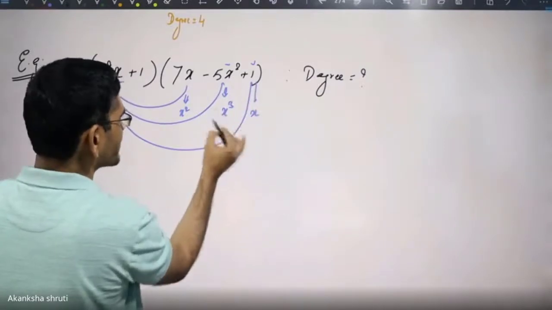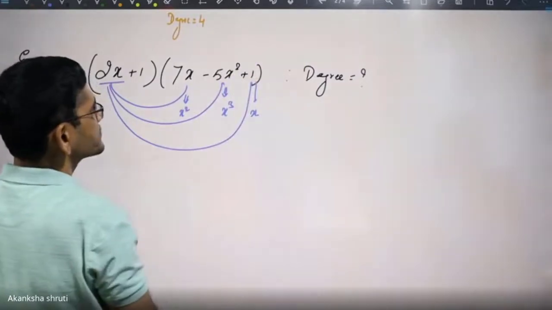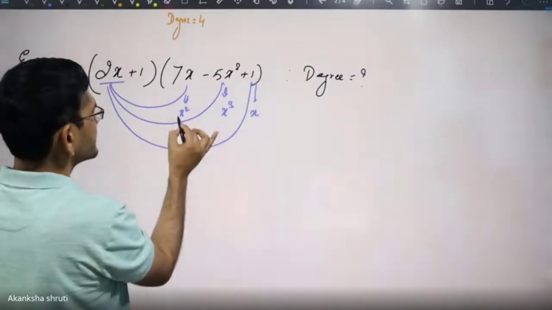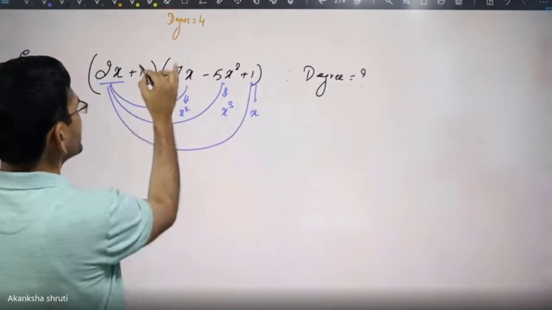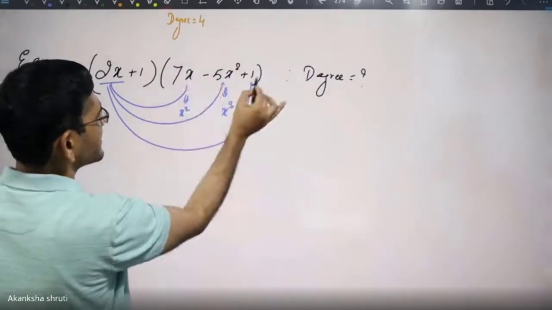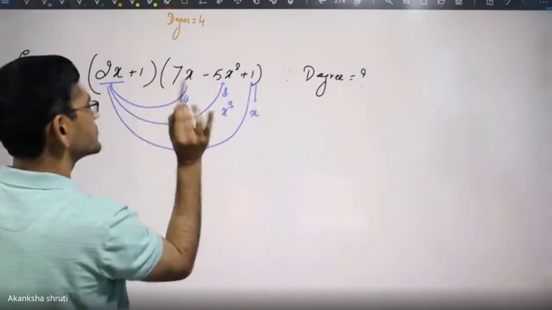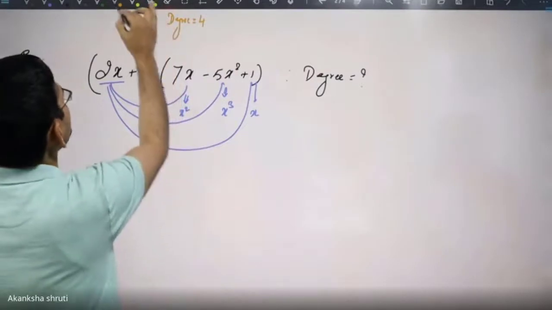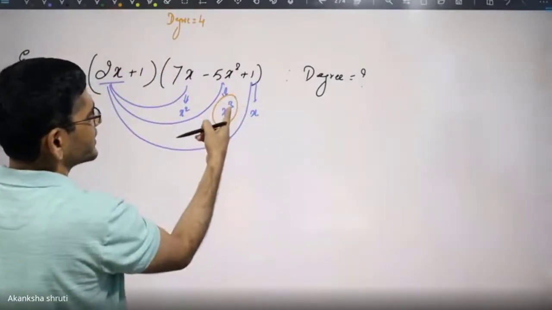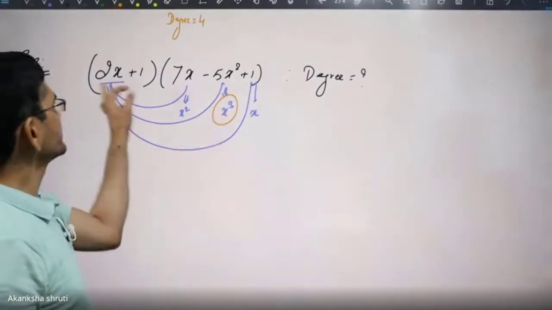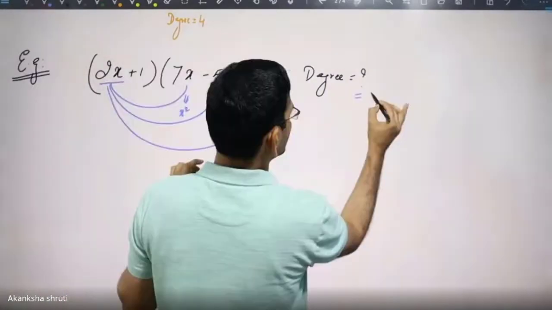I am writing the power of x, the term with the variable. Now we have to compare these. If you multiply with 1, it remains the same as it is: the x term, the x square term, and 1. So no need to do it that way. You just observe here that x to the power 3 is the highest term that is going to be produced. Therefore, here the degree is 3.